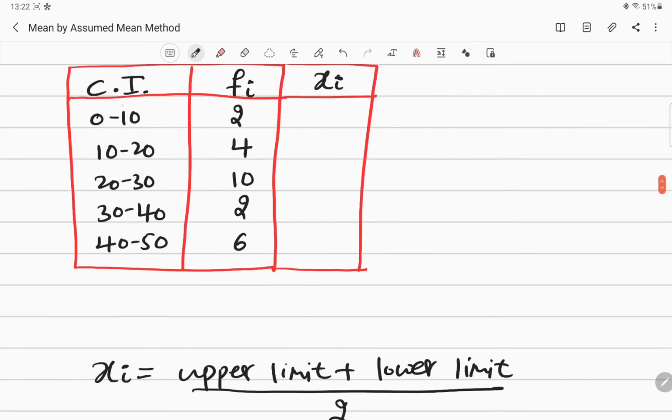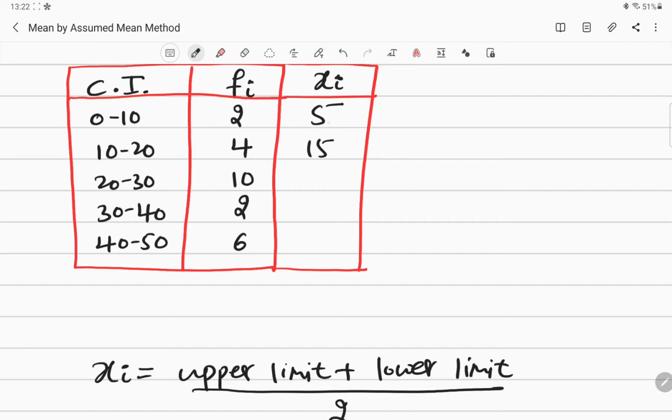For example, in 0 to 10, this 0 is the lower limit and this 10 is the upper limit. If you add them, 0 plus 10 is 10, and 10 divided by 2 is 5. That will be the value of xi. Now take the example 10 to 20. 10 plus 20 is 30, and 30 divided by 2 is 15.